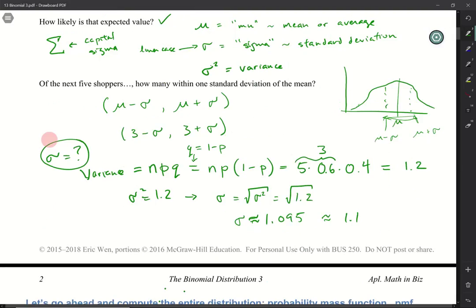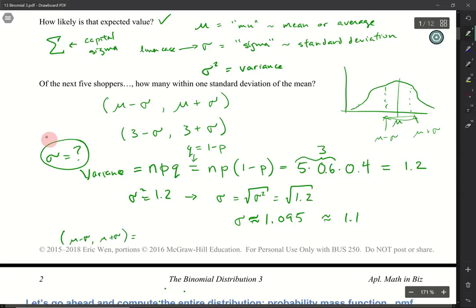Okay, so how many within one standard deviation of the mean? So this mu, let's say mu minus sigma, comma, mu plus sigma.